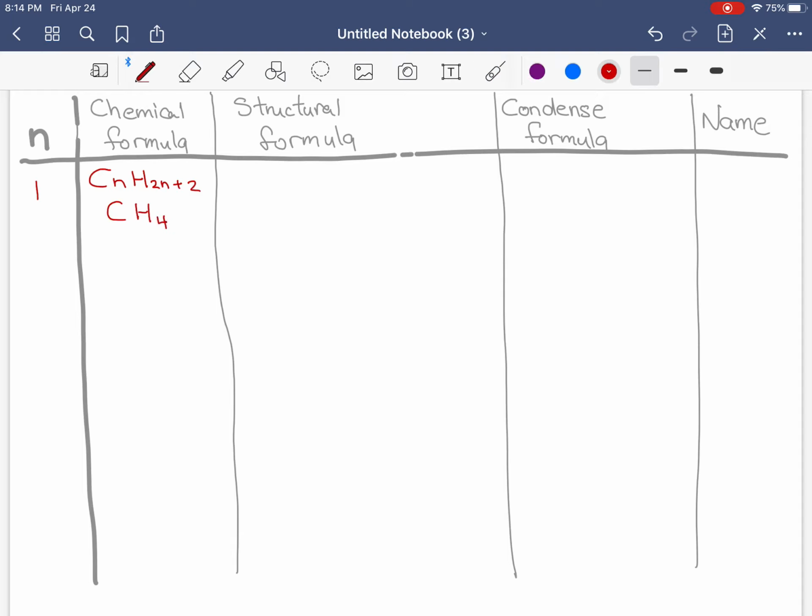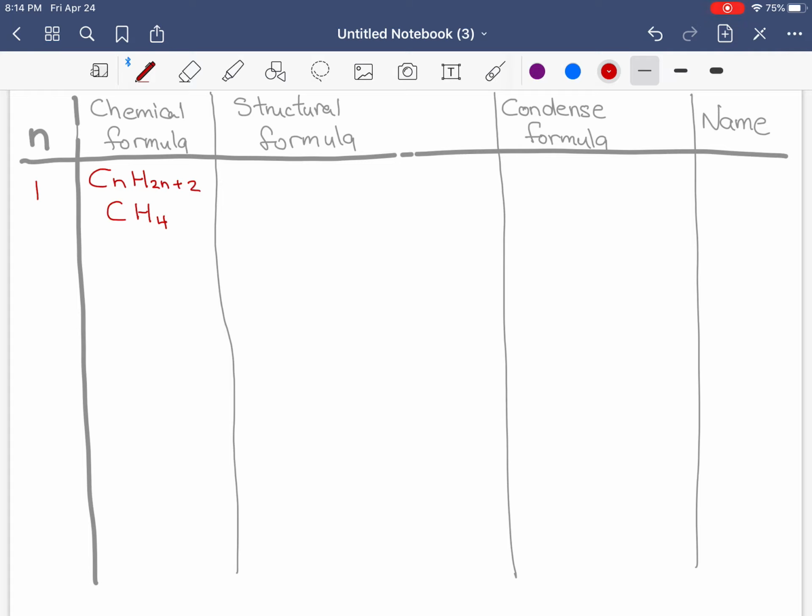What do you know? We know how to name this already because sometime around September, I gave you this and asked you to draw it. You guys drew it, you told me it was tetrahedral, and we even named it. I hope you know why we named it as we named it.